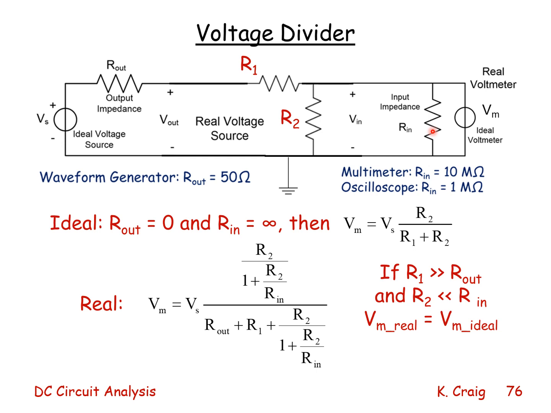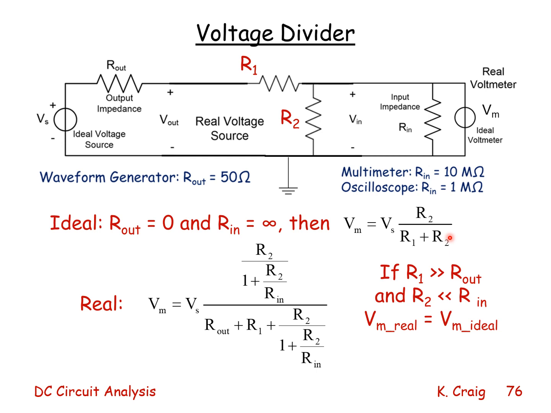For an ideal voltage divider that has an ideal voltage source and an ideal voltmeter, R out for the voltage source is 0, R in for the ideal voltmeter is infinite, and so we know that the measured voltage then is the source voltage times our voltage divider ratio, R2 over R1 plus R2.